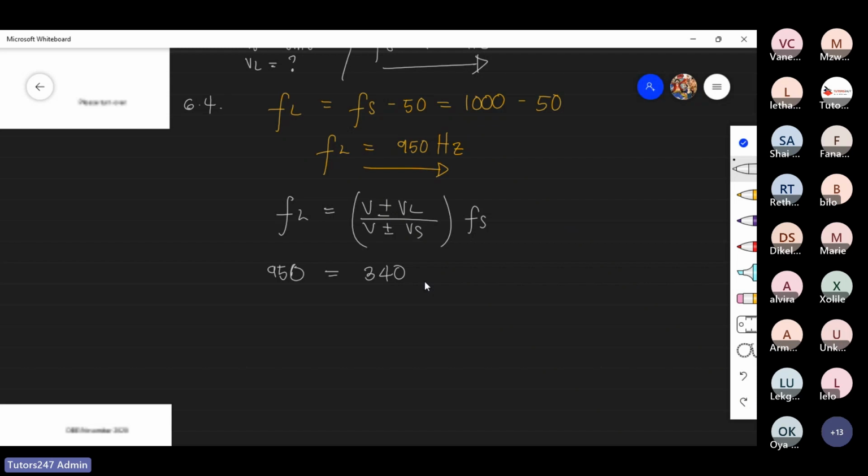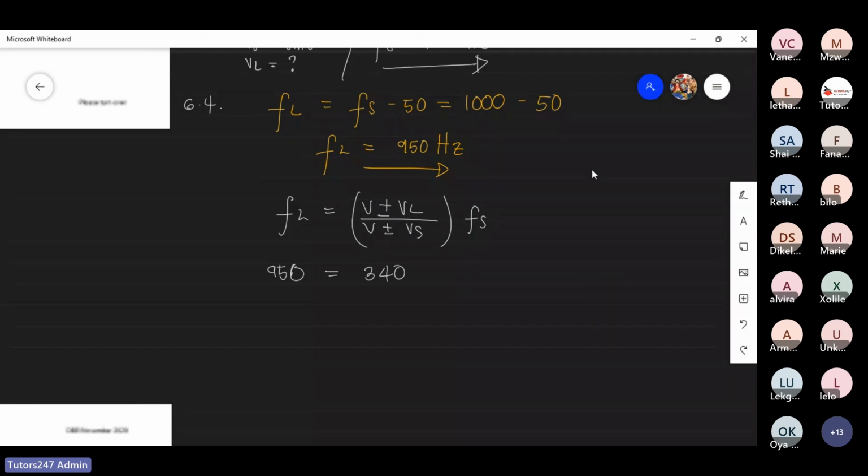Before we proceed, let us now identify whether we are going to use plus on top and minus at the bottom, or minus on top and plus at the bottom. So always remember that if the object is moving towards, it's plus on top, minus at the bottom. If the object is moving away, it is minus on top, plus at the bottom.